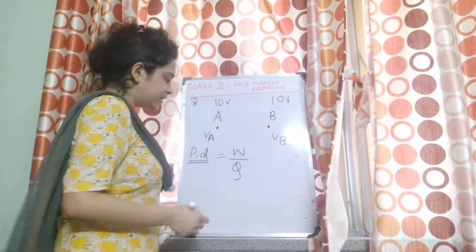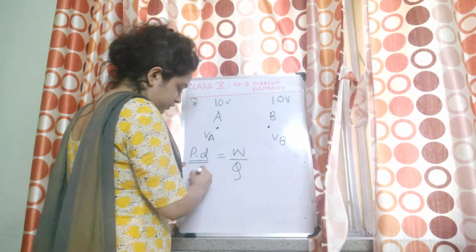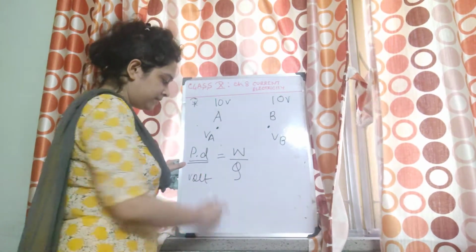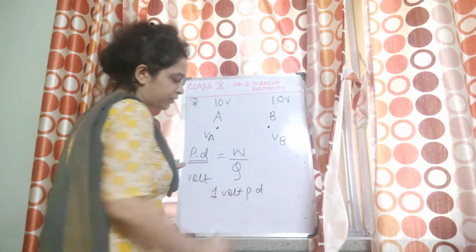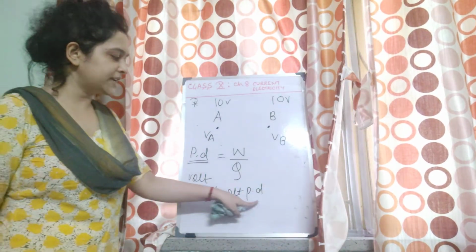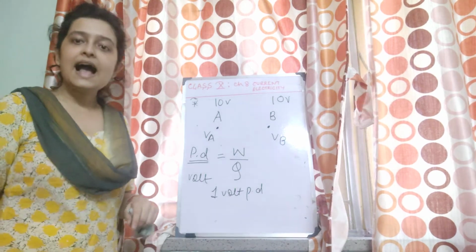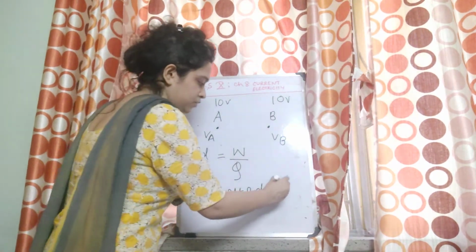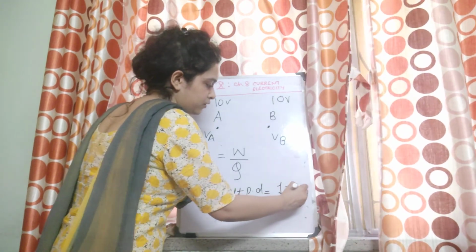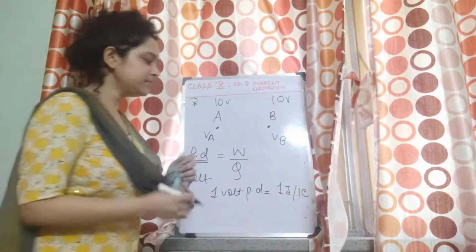What is the SI unit of potential difference? Same, volt. So 1 volt potential difference, how can you define? 1 volt potential difference is defined as the work done, 1 joule per 1 coulomb.